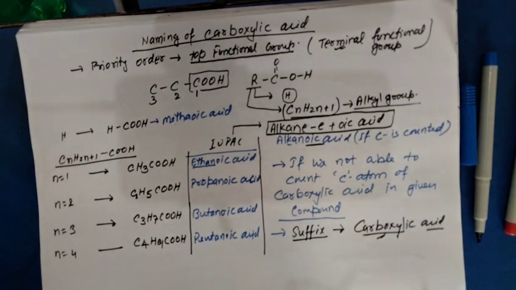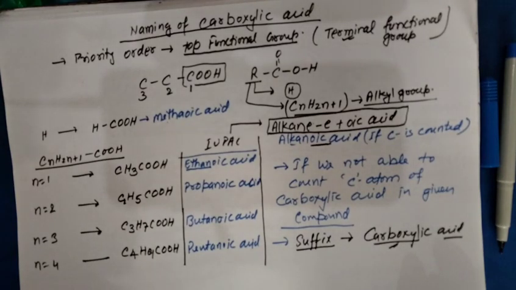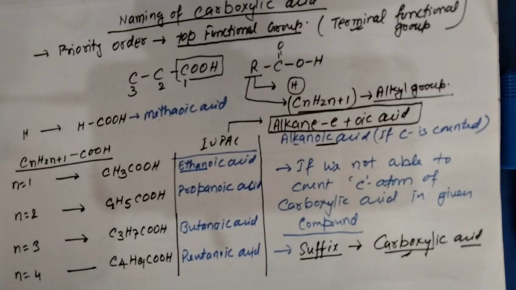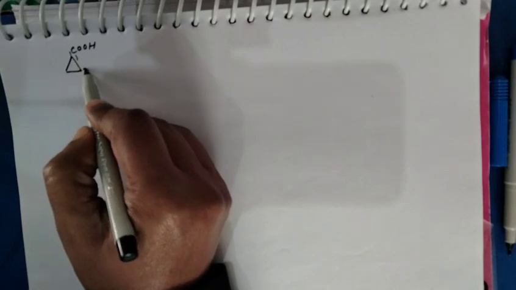We have some examples related to it. So here we have some examples. If you take this compound, COOH, how can you count this carbon? The counting is 1, 2, 3. So the name just changes.